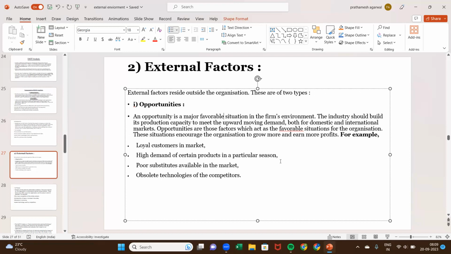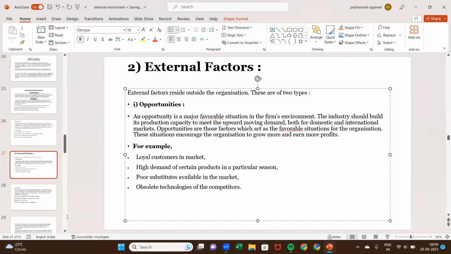For example, loyal customers in the market, high demand of certain products in a particular season. Now, festival season, right? The demands are going to be high. So, how are you going to make use of your potential, your internal potential?